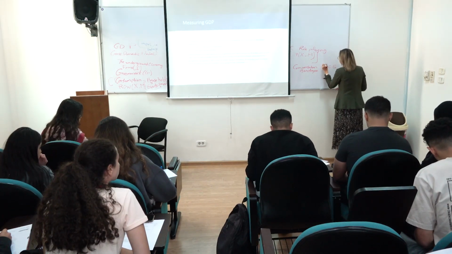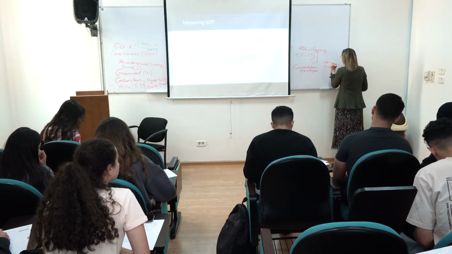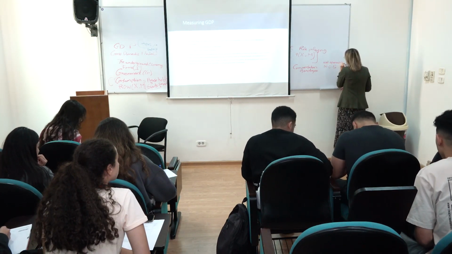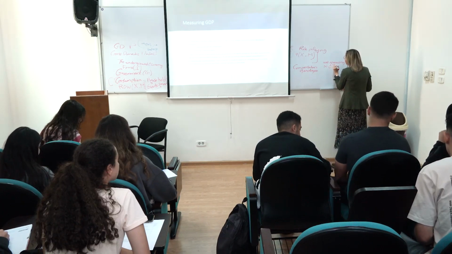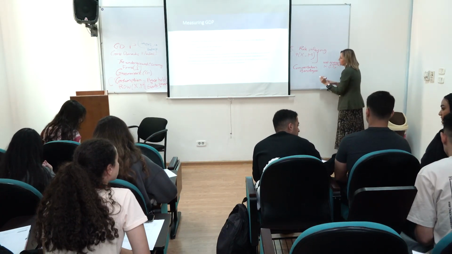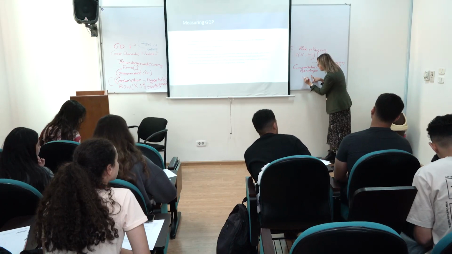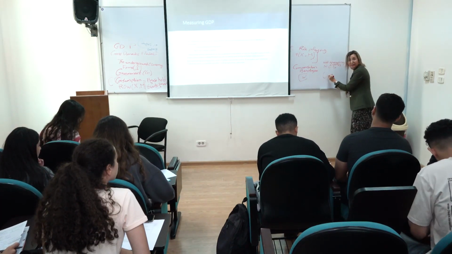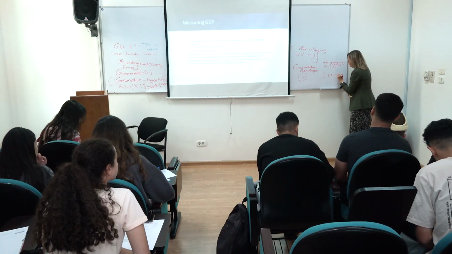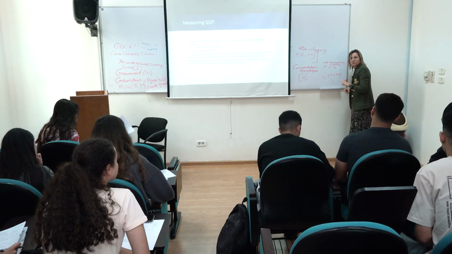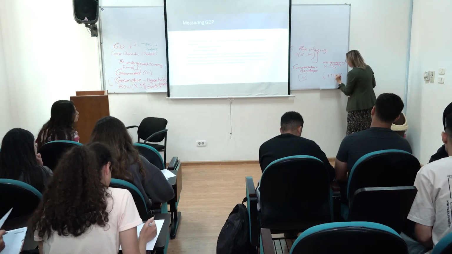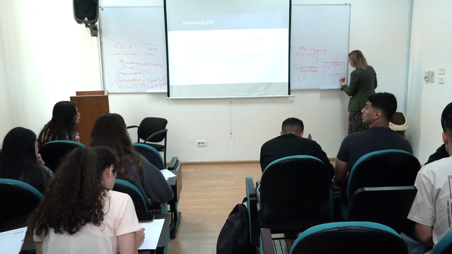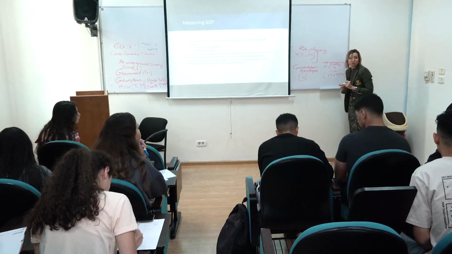Which is net operating income or surplus. It's the same. Which is the same thing we said, by the way, but it's classified. Here it's the wages. When we say employees' compensation, this is the wages. It means the wages. And here it's interest, rent, and profit, okay? They are all combined together.